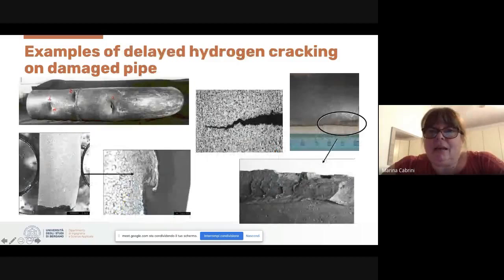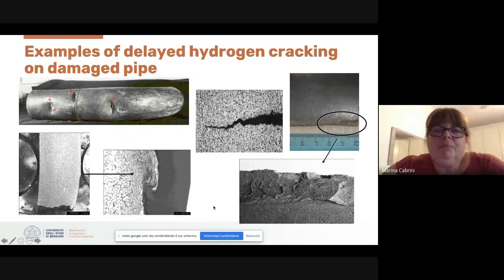This is an example in which there is a delayed hydrogen cracking of the damaged pipe that was damaged and remained because the damage was not signaled to the authority in cathodic protection for some time, and hydrogen embrittlement took place from the damaged zone, and it is possible to observe from the fracture the presence of the damage and the strongly altered microstructure in correspondence of the defect.